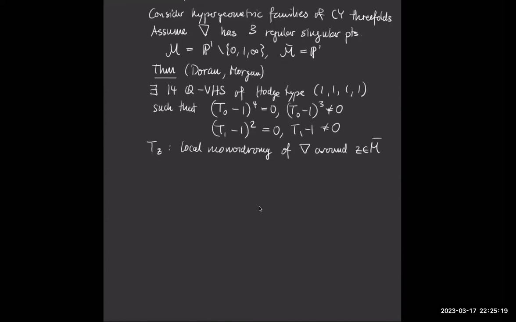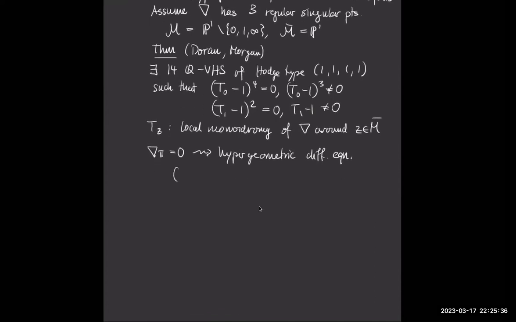And so if we look at flat sections of our flat connections, what we get is a hypergeometric differential equation, which is of the form theta to the 4 minus C times the product i from 1 to 4 of theta minus alpha i, applied to pi, equals 0.